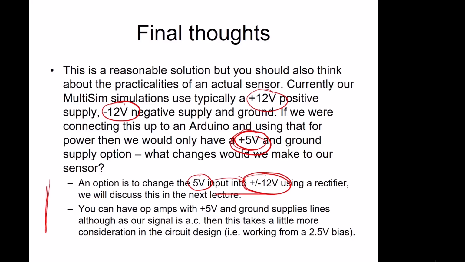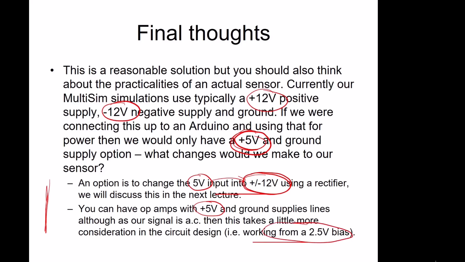The other option we have is to use op amps that use a 5 volt supply, and they use ground and 5 volts as their power supply. So again, that's an option. The slight complication around that one is you've got to then work around a working bias of half that voltage, 2.5 volts.